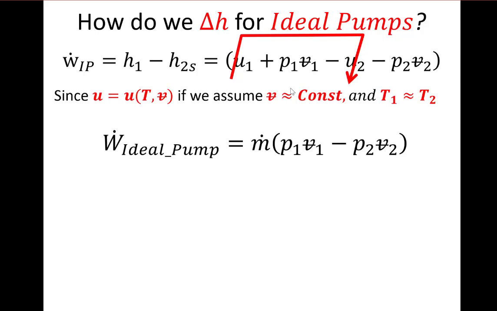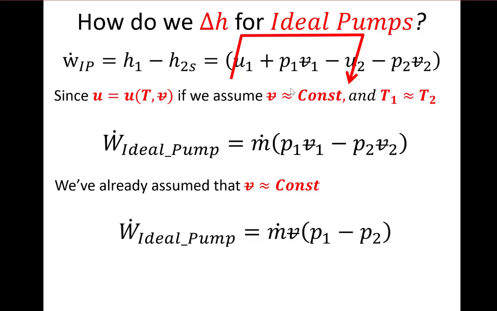But we've already assumed that the specific volumes are approximately constant because they're subcooled liquids. In the pump, it comes in as subcooled liquid, goes out as subcooled liquid. So here we're going to say that specific volume is approximately constant because the density or specific volume of water is a weak function of pressure. So then we can say for that ideal pump, it's m dot times little v times delta P.